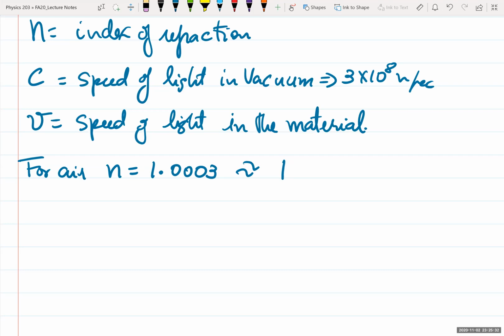For other surfaces, let's say for water, it's about 1.333. We will discuss this in more detail because we're going to be looking at the behavior of light that goes from air into another medium, and how this affects different things.